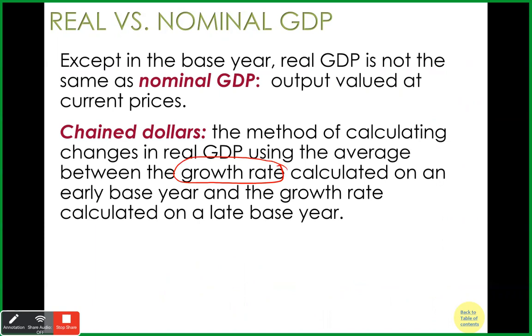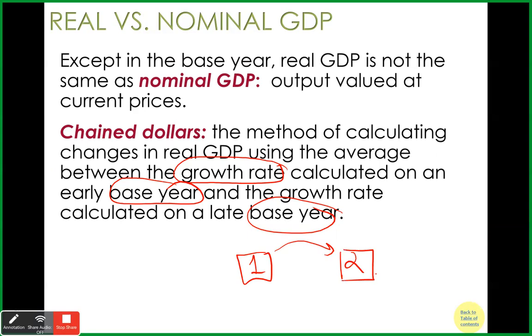Okay. And use a different base year. Or say, for example, you have year 1 versus year 2. First, you calculate the growth using year 1 as the base year. And secondly, use 2 as base year, and calculate another growth rate.